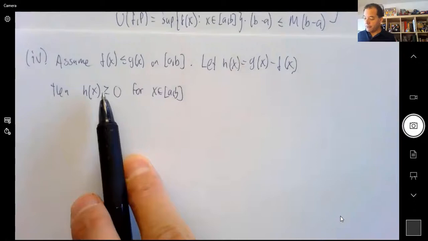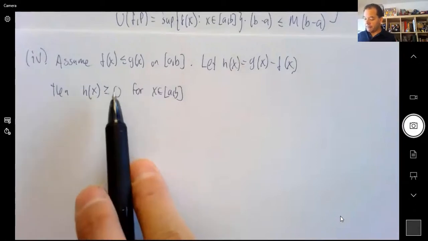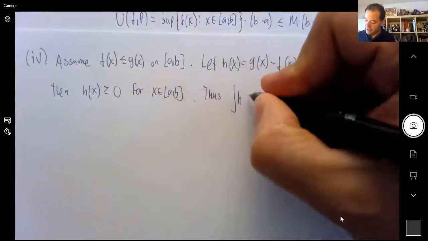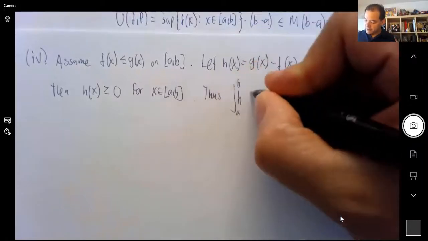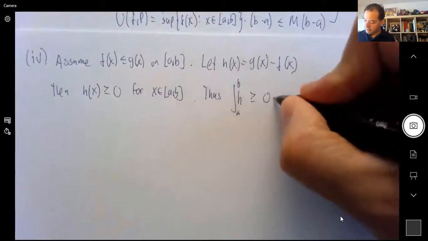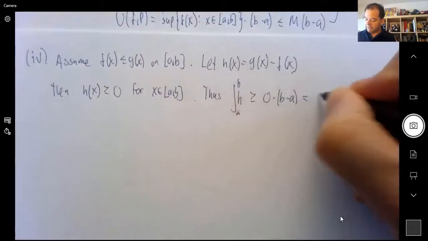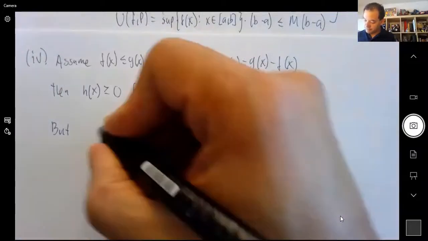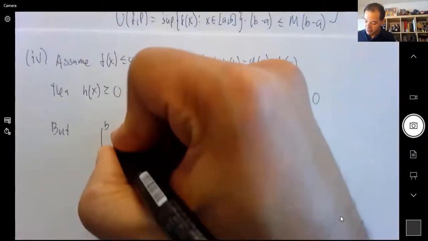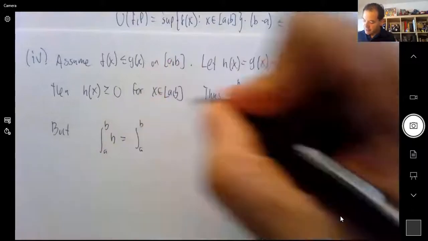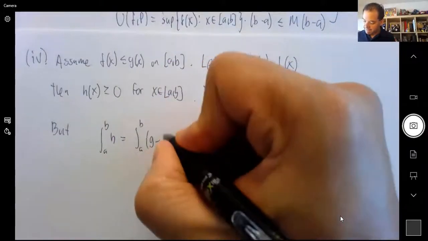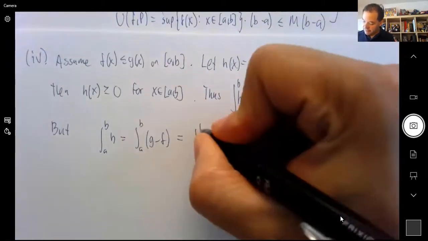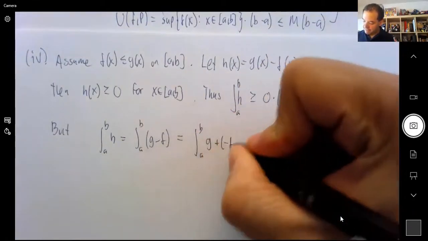The previous one told me that if I have a lower bound, then the integral of h is bigger than 0 times b minus a, which is 0. And what is the integral of h? Well, h is the same as g minus f, and that's the same as g plus negative f.